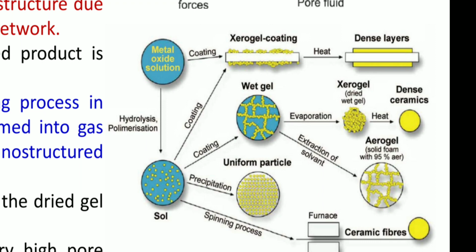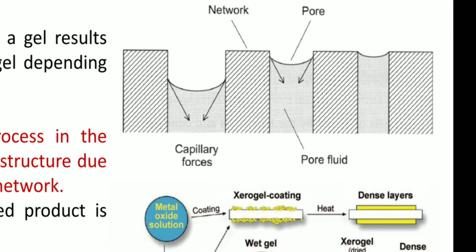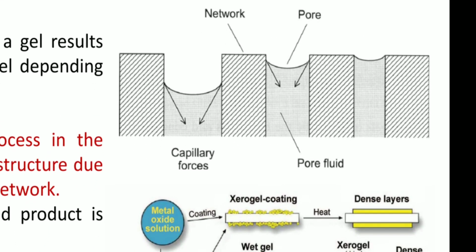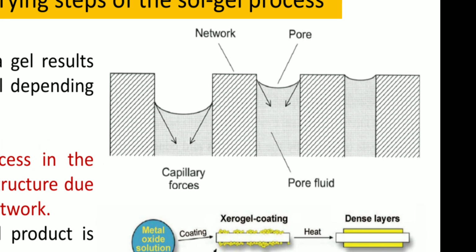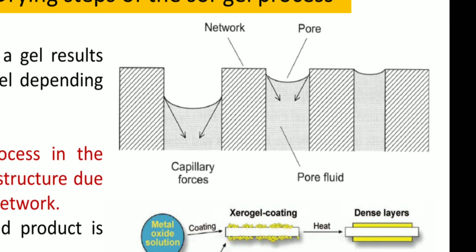If you directly take out the solution from this wet gel, then what happens? You get a dried gel, but here the structure collapses. Why does the structure collapse? Suppose there is a network, and these square boxes represent the network.